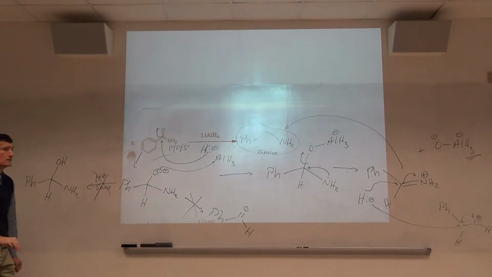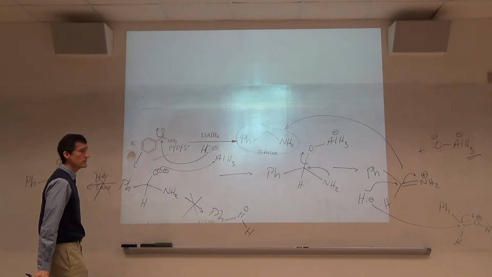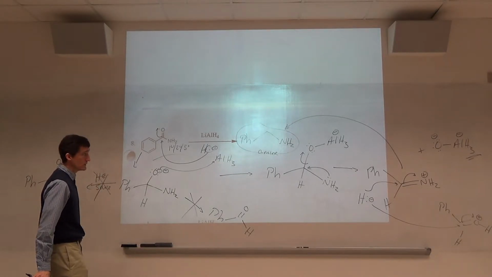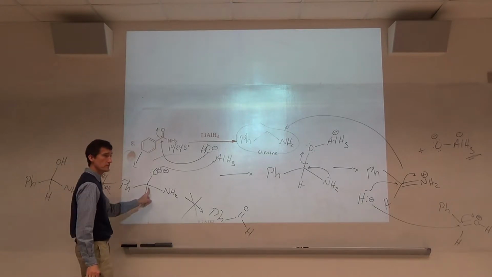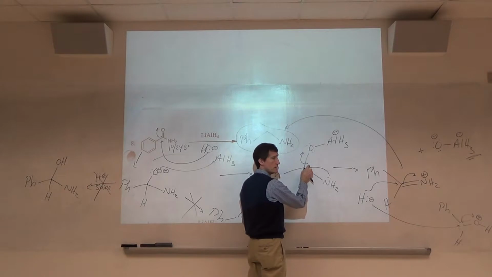When the electrons come down on the metal, how do they not kick off the nitrogen? At what point? Right here? No. There. You want to make a pi bond here and kick off what?